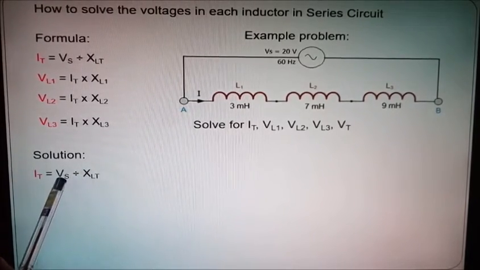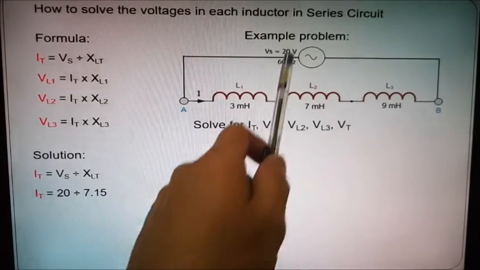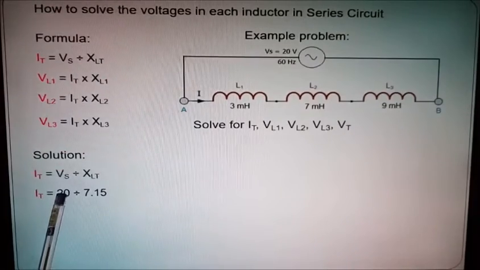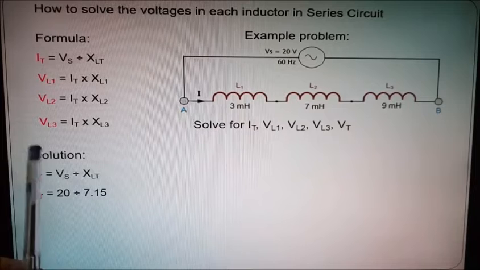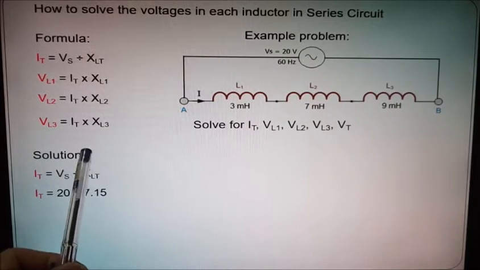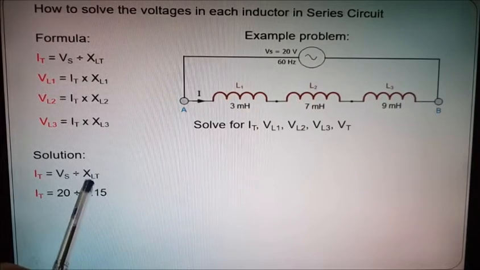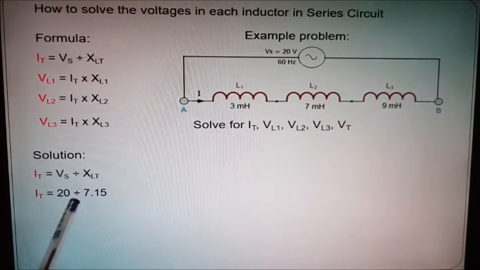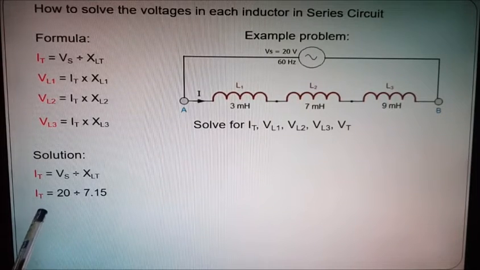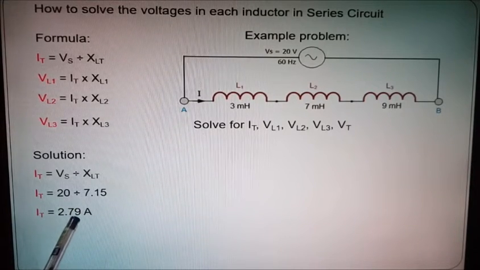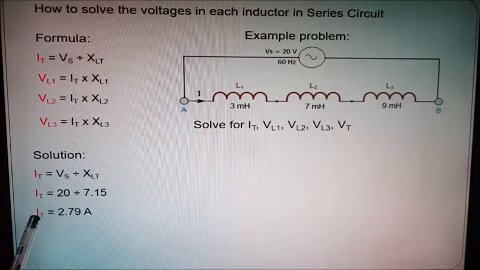Substitute the value of VS and XLT. Your VS is 20, divided by XLT. The XLT we solved in the previous question is 7.15. So 20 divided by 7.15, your total current is equal to 2.79 amperes. This is the unit of the current.